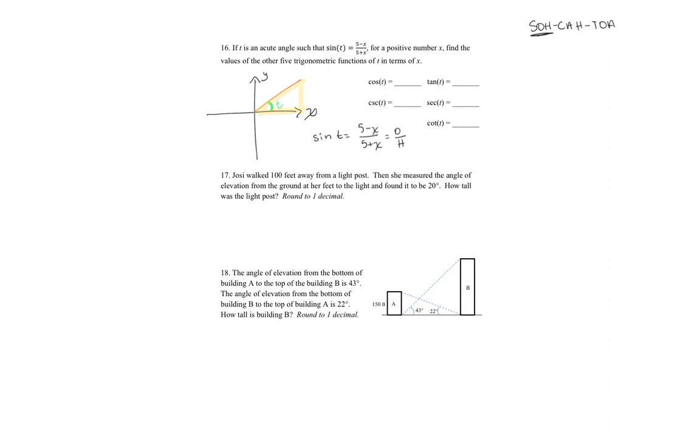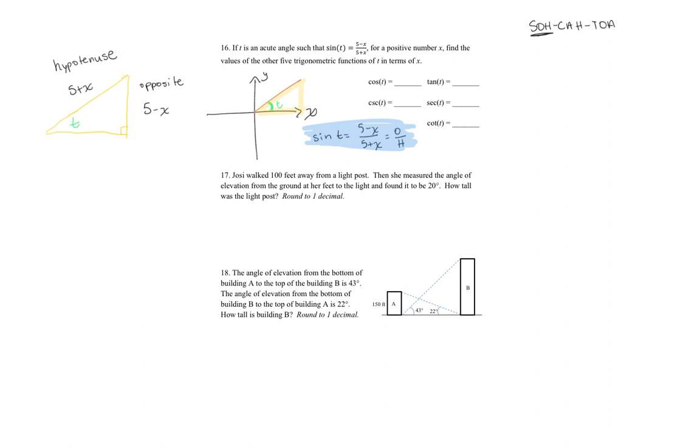So according to this triangle here, which I will redraw right here, slightly bigger so we can see it better. If this is our angle T, and we want to know our opposite side, that's this side. Our opposite, according to this right here, is that 5 minus x. Right? And our hypotenuse, which is this, is our 5 plus x.